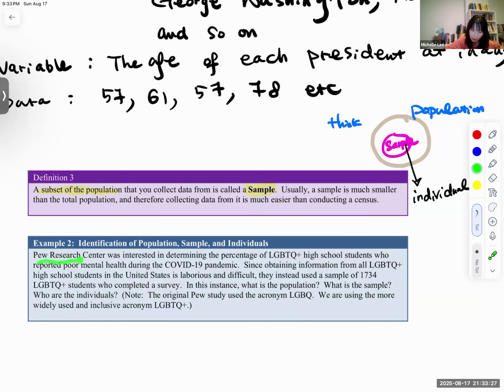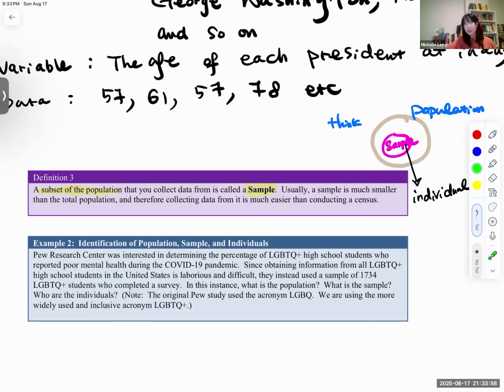So Pew Research Center was interested in determining the percentage of LGBTQ plus high school students who reported poor mental health during COVID-19 pandemic, right? Okay, so maybe you should read. And then they instead use a sample of 1734 who completed the survey, right?